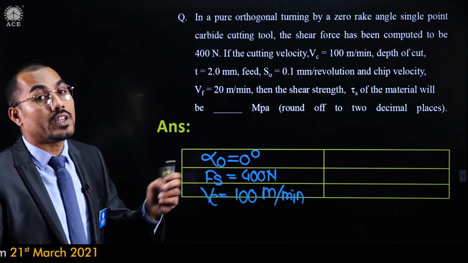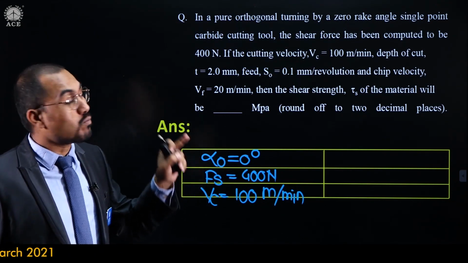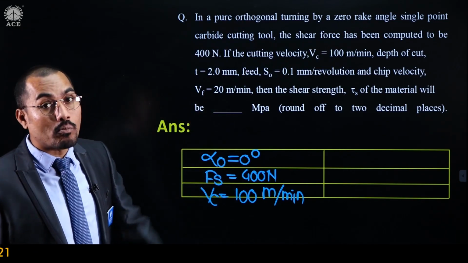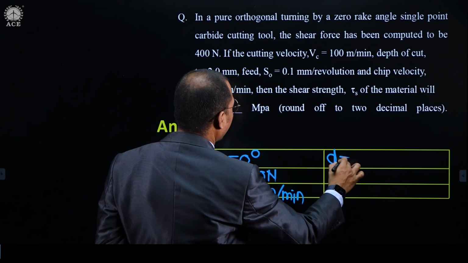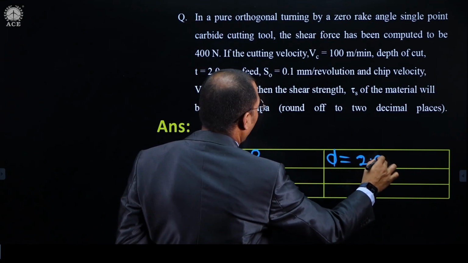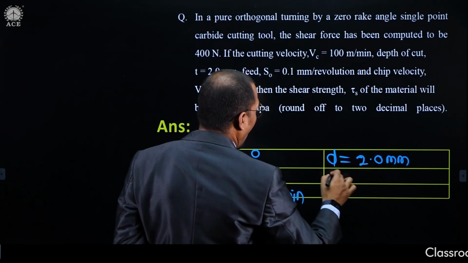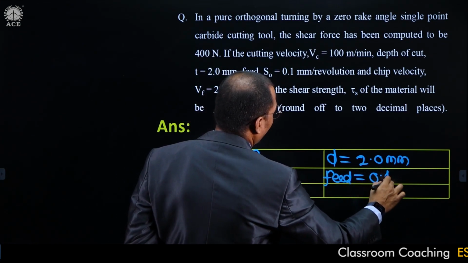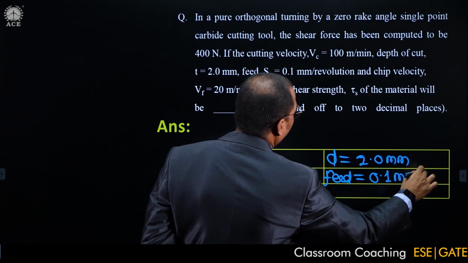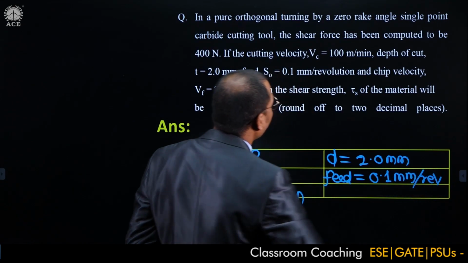Depth of cut is 2 millimeter and the feed is 0.1 mm per revolution. So depth of cut is exactly equal to 2.0 millimeter and the feed is exactly equal to 0.1 mm per revolution.